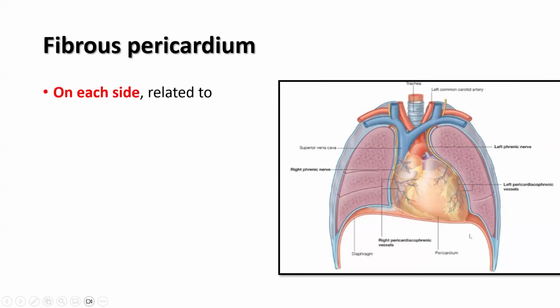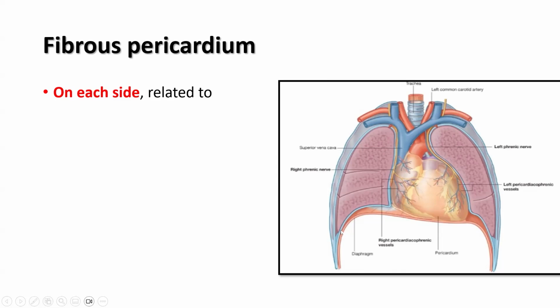Now, on each side, we can see this is the heart and the golden structure over the heart is the pericardium. Suppose this is the fibrous pericardium because it lies externally. And which structures are located lateral to the fibrous pericardium? We can see this is the lung and this is the mediastinal surface of the lung.